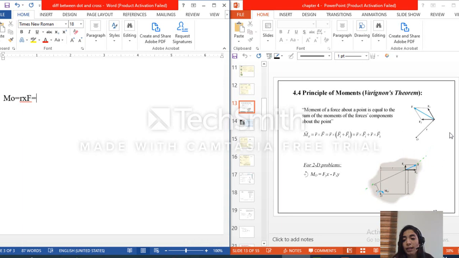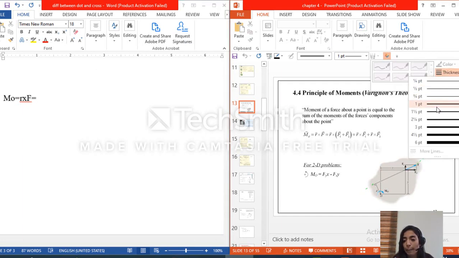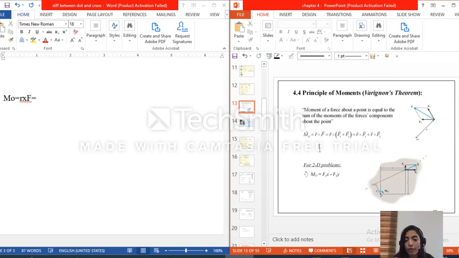So here you can see that F is the resultant of two forces, F1 and F2, which means F in vector form is equal to F1 plus F2. This is the resultant of these two forces.